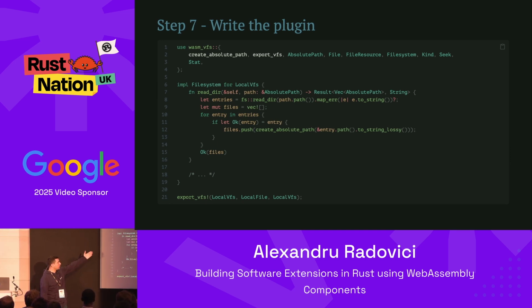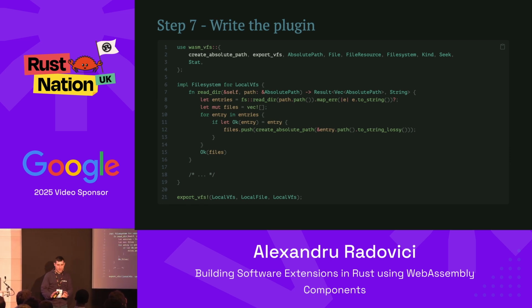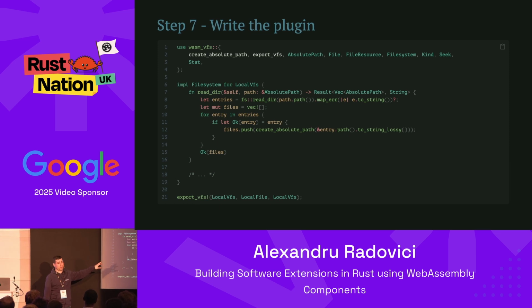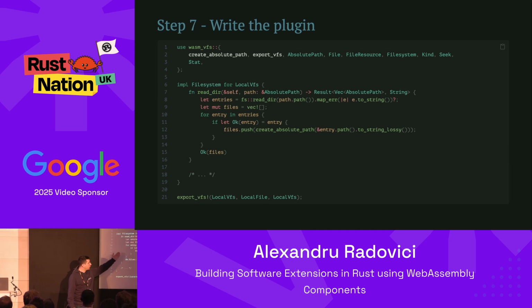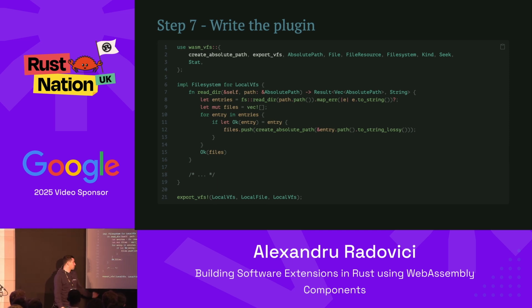The read dir is exactly this. My plugin uses WASI P2, so no problem, it can interface with the file system. You just write normal Rust code. And that's your plugin. I mean, just implement the interface, return whatever you need here, export it, use the macro. Plugins are straightforward.